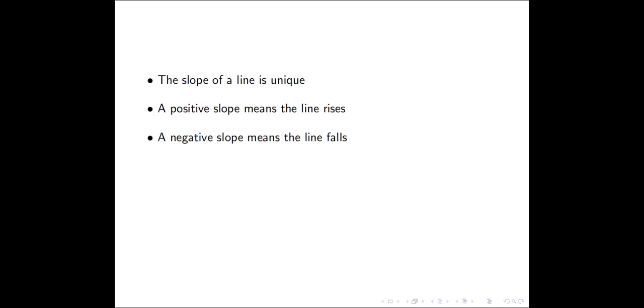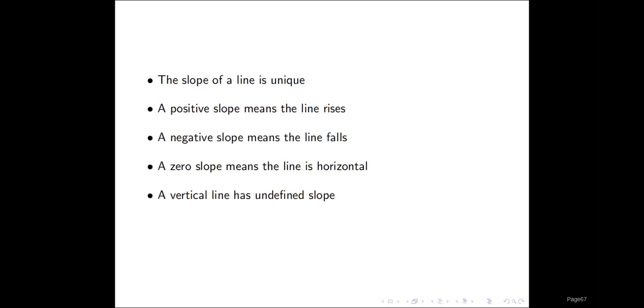Of course, again, as you read the graph from left to right, as you move in the positive x direction. And a zero slope would mean it's neither rising nor falling. And we know that horizontal lines are the only lines that have zero slope, no inclination, no steepness.